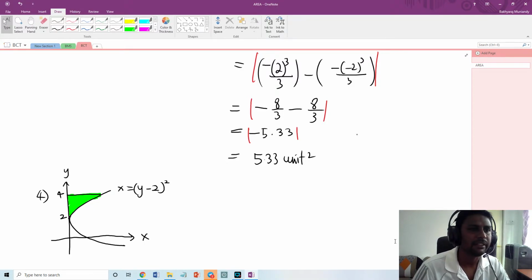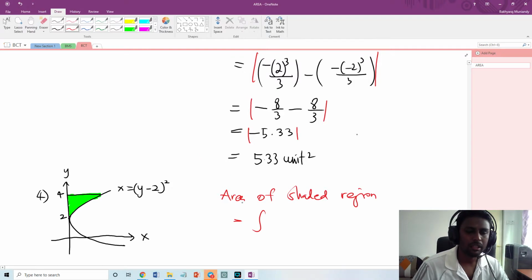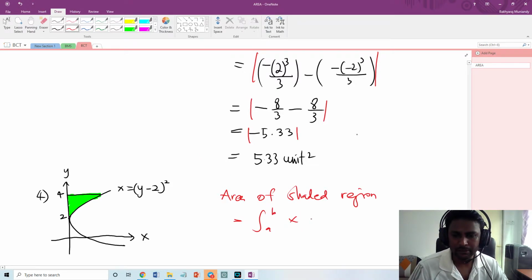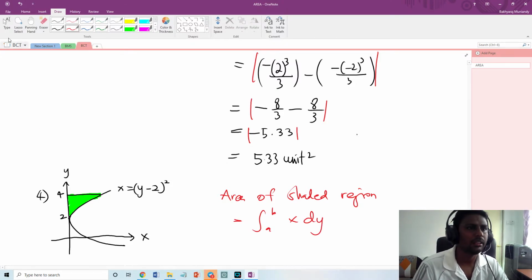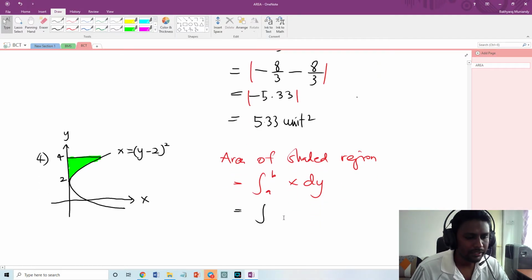So again, start with the formula. Area of shaded region equals integral AB x dy. That will give you equal, integrate. Integrate from what value to what value?